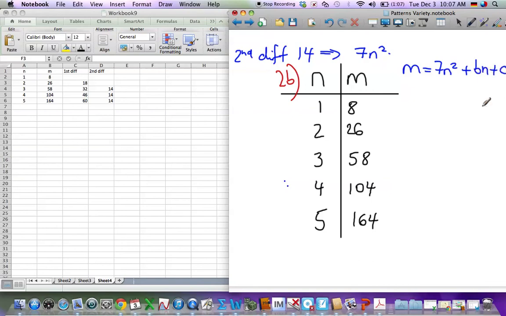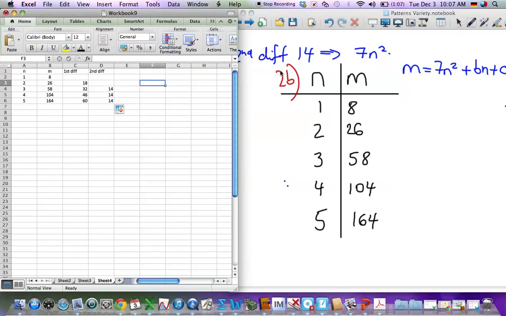So I'm going to list 7n squared because I know that's part of the formula. Let's copy this table down here. So my first difference equals, and extend down, and equals this minus this, and extend down.